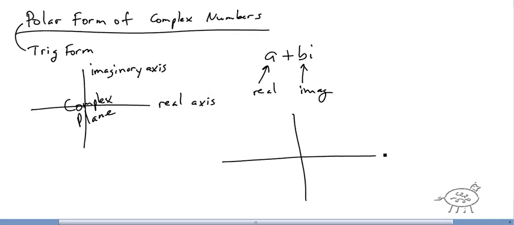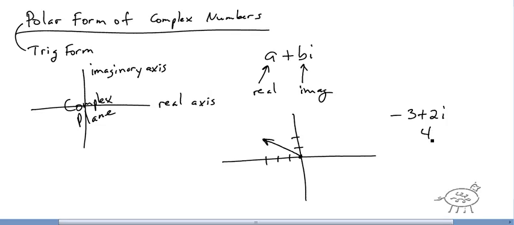If I had you graph negative 3 plus 2i, that would be negative 3 on the real axis and up 2 on the imaginary axis, and that would be the graph. It's actually a vector. So it's not just a point, it's from the origin 0, 0 to that coordinate.